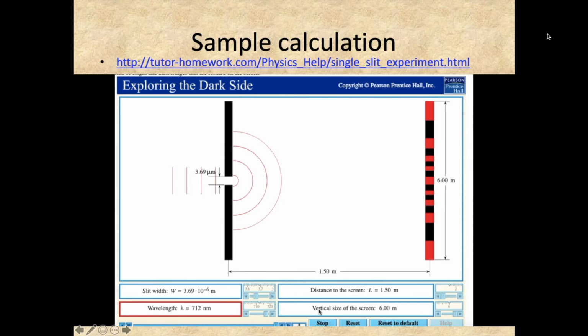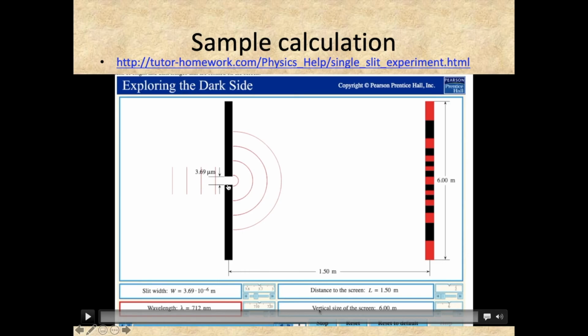Okay, now I'm going to ask you to take your calculators out and follow the instructions as I walk through. This simulation shows a gap with the gap size given. It's also given here. The wavelength is given. For red, that's the current screen, 712 nanometers.